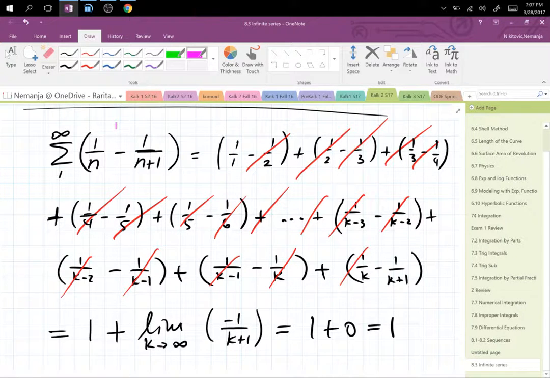Well, a telescoping series is the 1 over n minus 1 over n plus 1, right? So what changes here is what's in the parenthesis, which changes how each one of these looks. But they will still be canceling, all right? And you might not be able to cancel all of them, right?